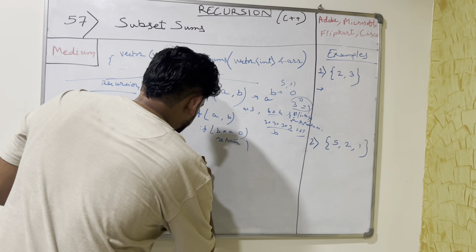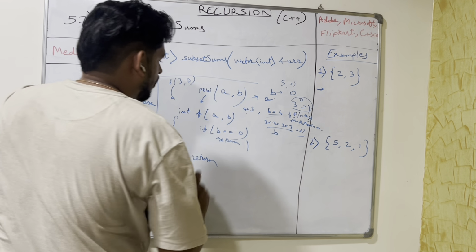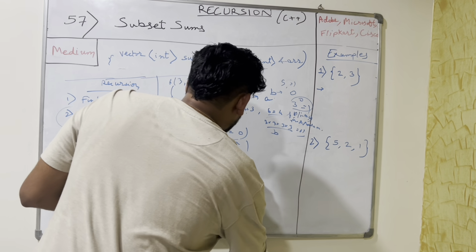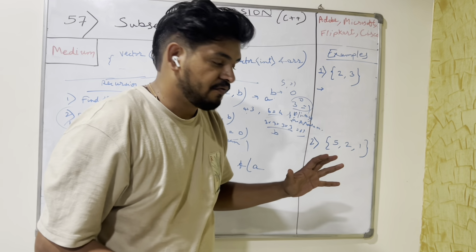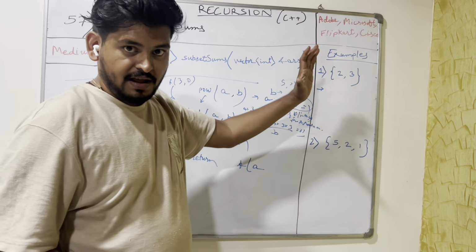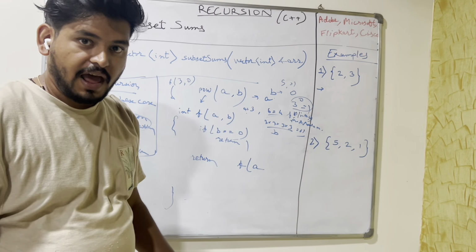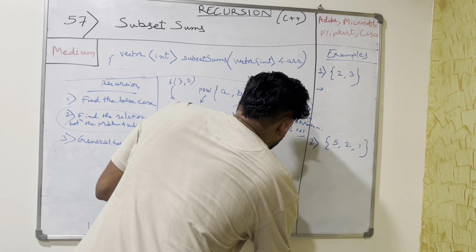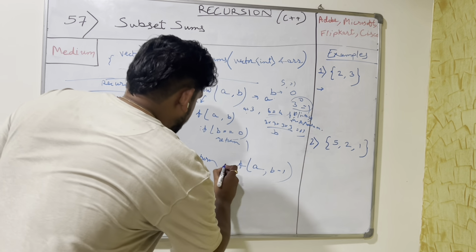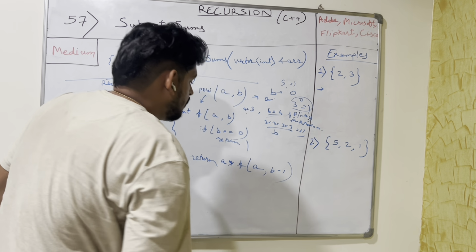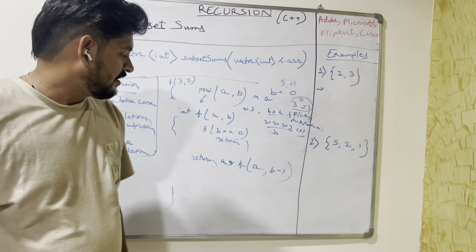That is the recursion, right? Return f has to be called again. But if we call f, we have already computed one step, so don't you think we need to reduce the value of b? Because one time if you have done it, then you return a into f(a, b minus 1), right?